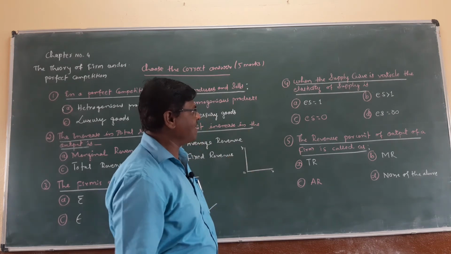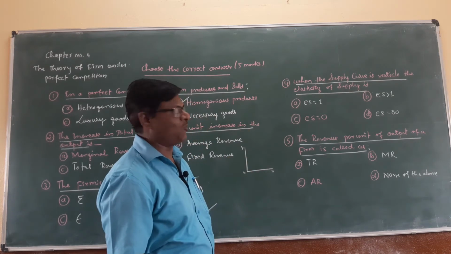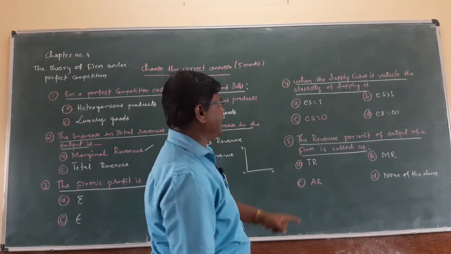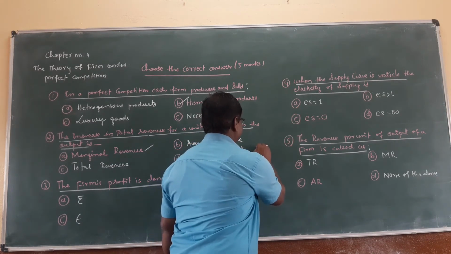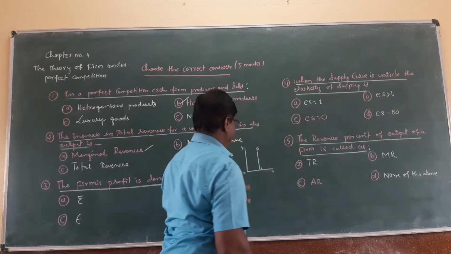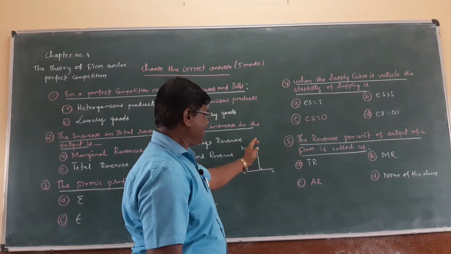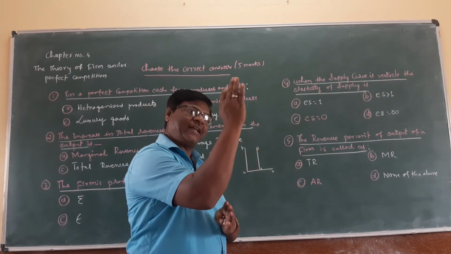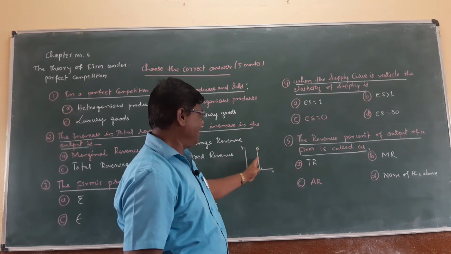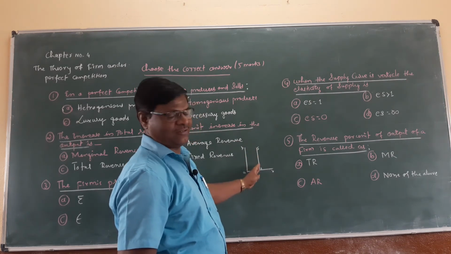When the supply curve is vertical, OS, the supply curve is vertical to the OX axis. It is called the vertical supply curve.